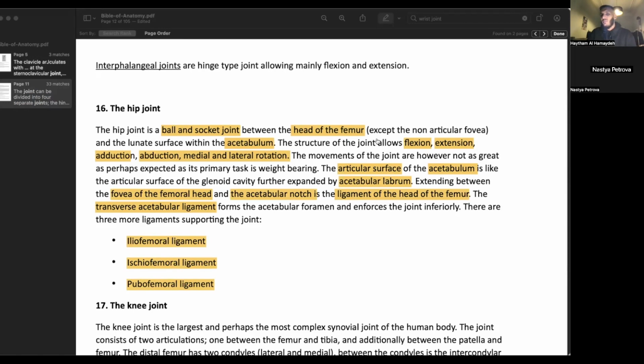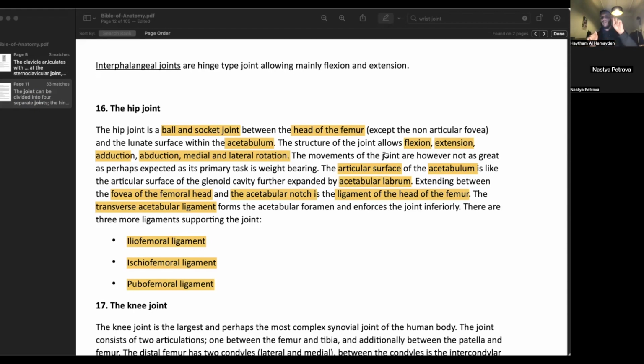The acetabulum is just like the glenoid cavity. It's the socket that the head of femur articulates with. The acetabular labrum extends a little bit to make the acetabulum surface area larger, and the head of femur articulates with this.